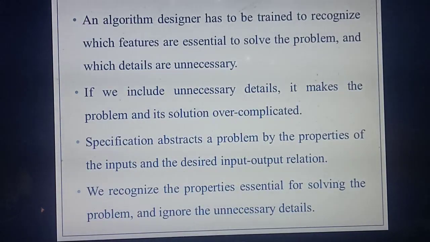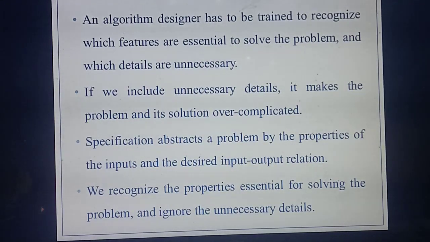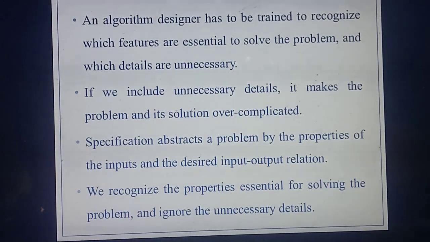Understood, students? Okay. So if you are going to design an algorithm, or the particular designer is going to design an algorithm, a lot of details will be there. That designer always collects the requirements from the user: which one is required, which one is most important for designing the algorithm.